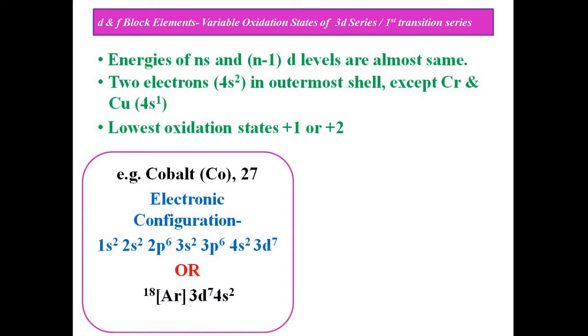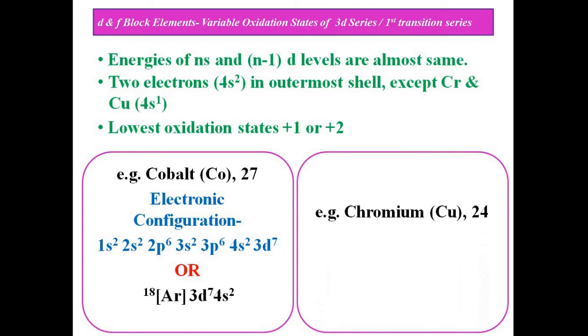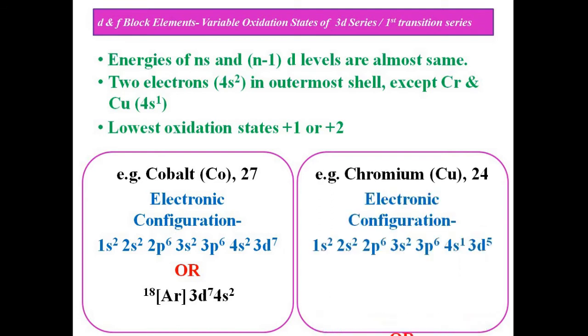So 4s has 2 electrons, and the lowest oxidation state will be +2. Then chromium, 24, has the electronic configuration [Ar] 3d5 4s1. It has 1 electron in 4s, so the lowest oxidation state it possesses is +1. In this way, the lowest oxidation state is +1 or +2.